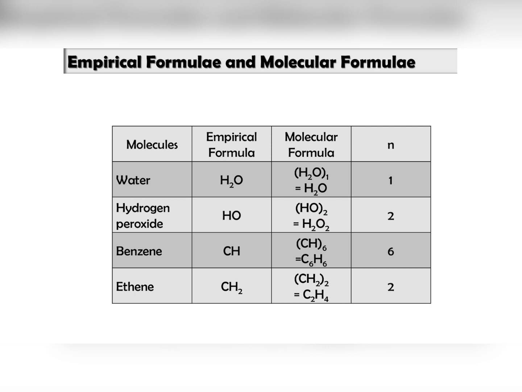Right, so for benzene, the molecular formula is C6H6. Okay, if you want to write the empirical formula, it will be CH. Okay, so dia adalah simplest ratio.